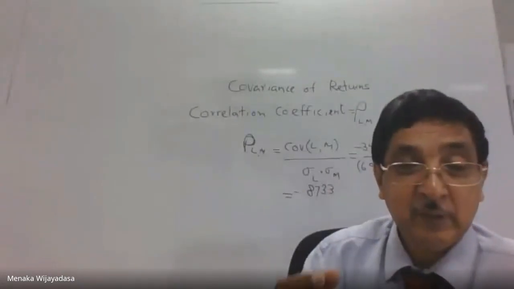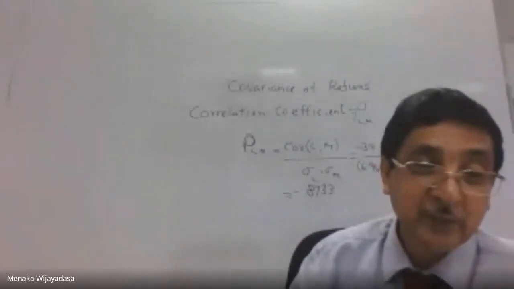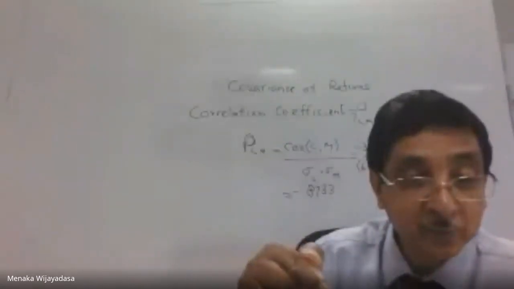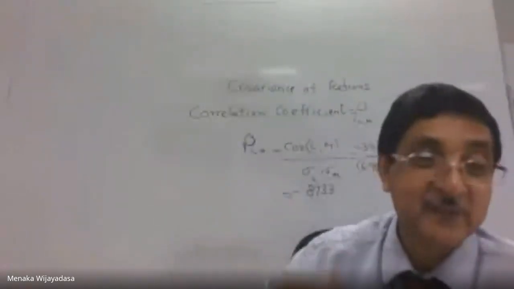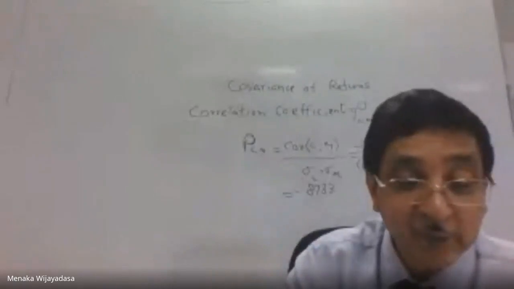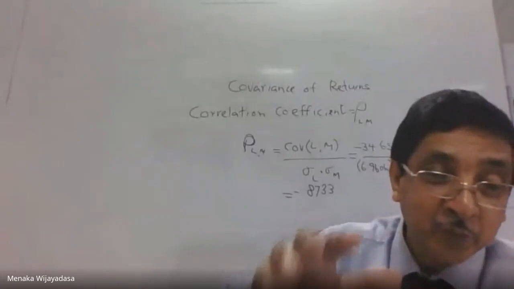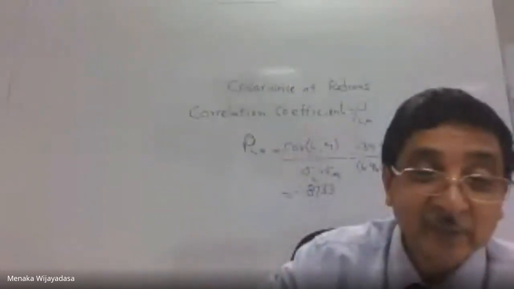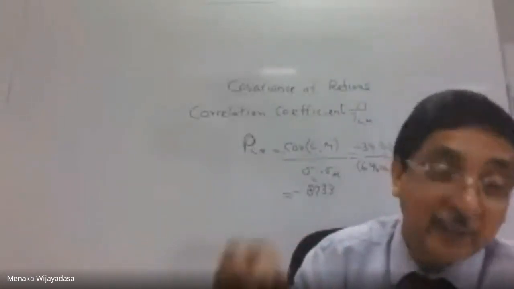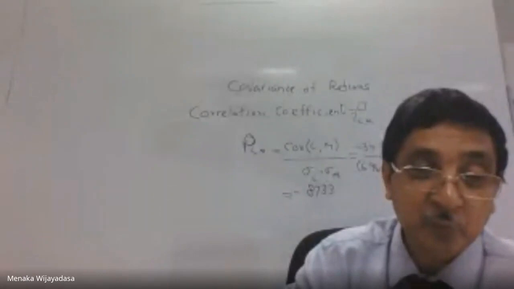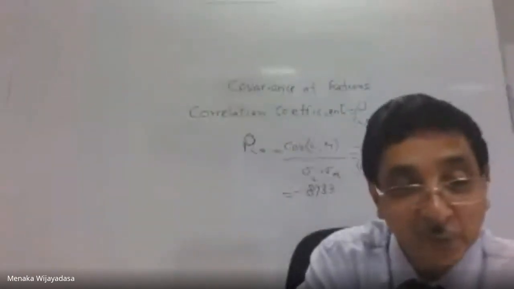But in your portfolio, you should have more than one asset. If you have more than one asset, then you need to be mindful about the correlation between these assets. Why should you be mindful about it? Because you need to have a portfolio with higher return and lower risk. In order to find such assets, to create a portfolio with a higher return and lower risk, you need to calculate these things.